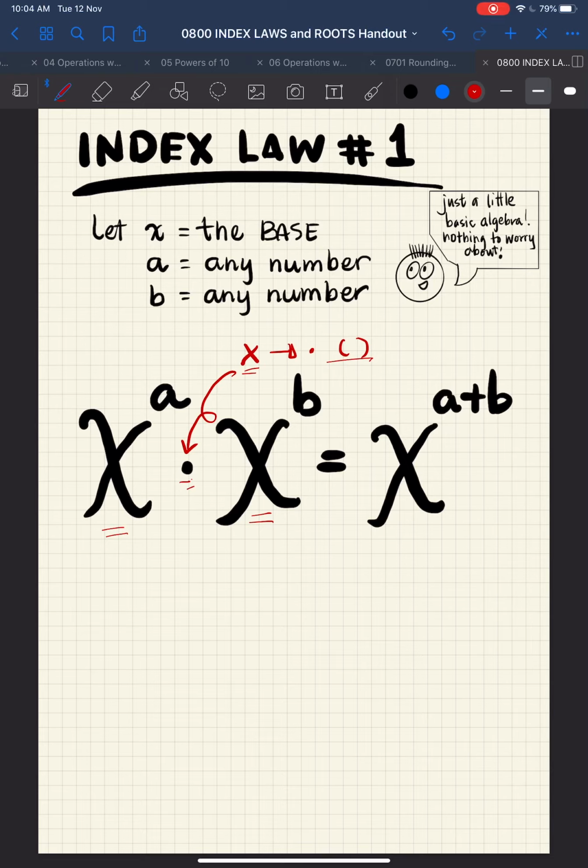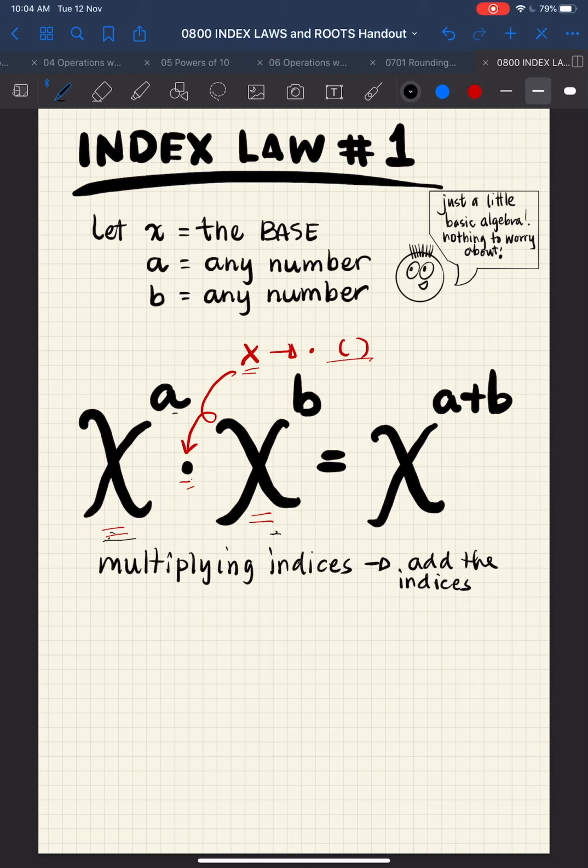So the first rule says when multiplying indices, you add the indices. When multiplying numbers with indices, you add the indices.